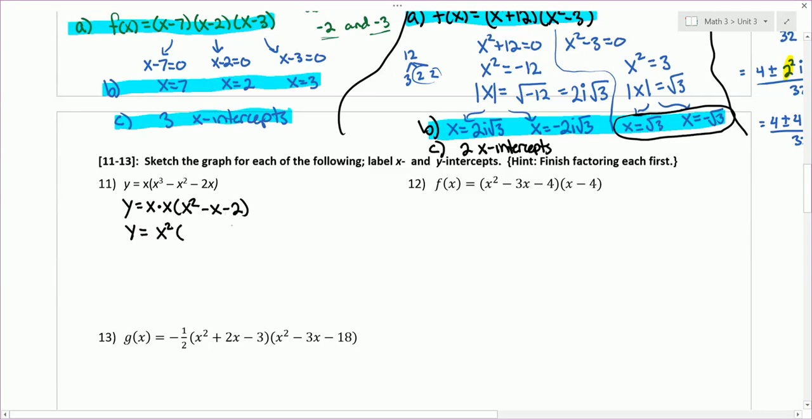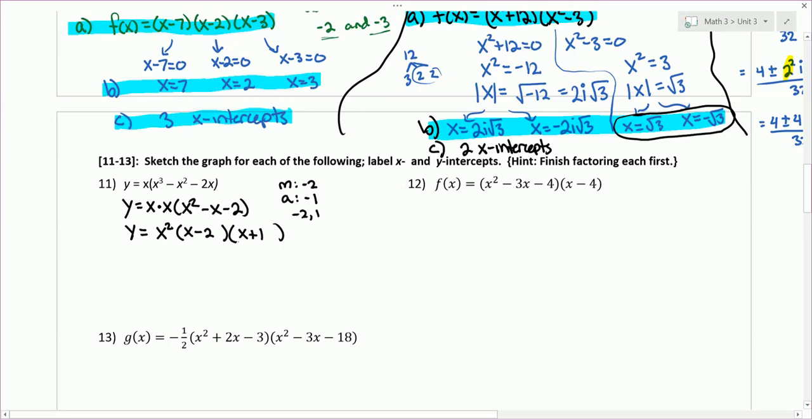And then the x squared minus x minus 2 we can factor further. We're looking for two numbers that multiply to negative 2 and add to negative 1. Negative 2 and positive 1 would work for us in this case. Because the leading coefficient is 1, we can take a shortcut and just write our answer directly: x minus 2 times x plus 1.